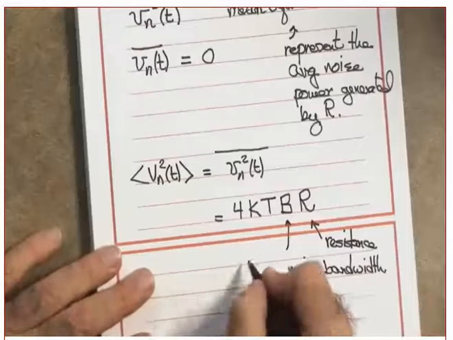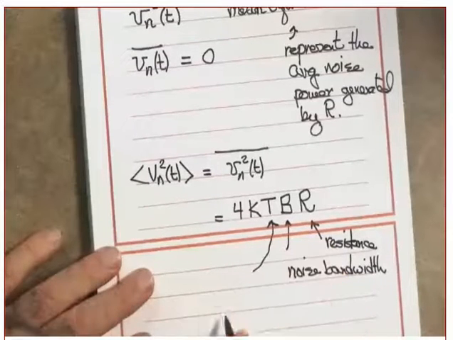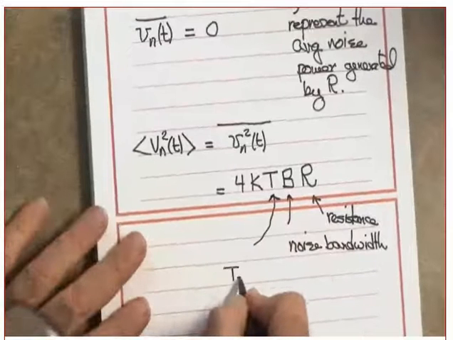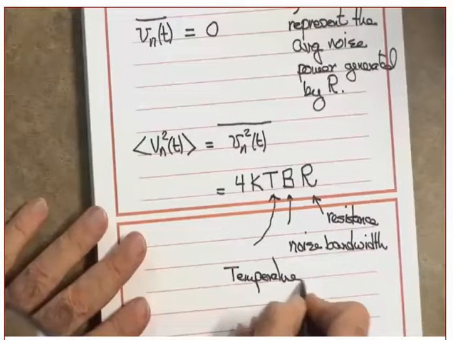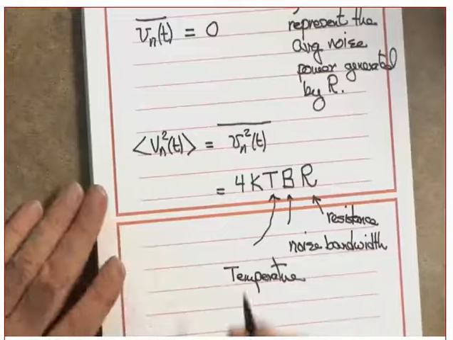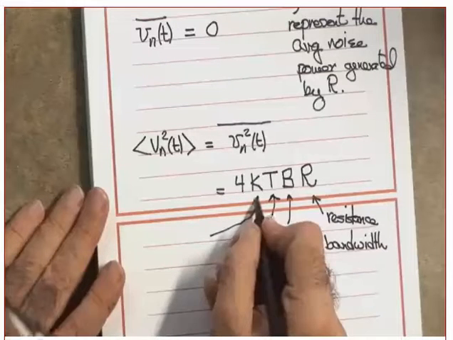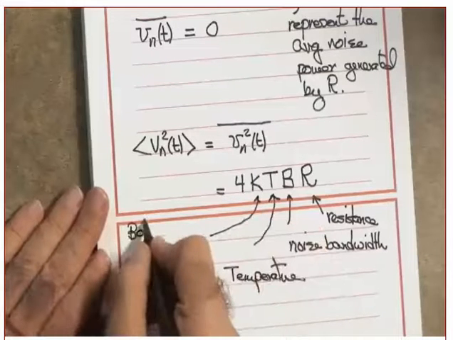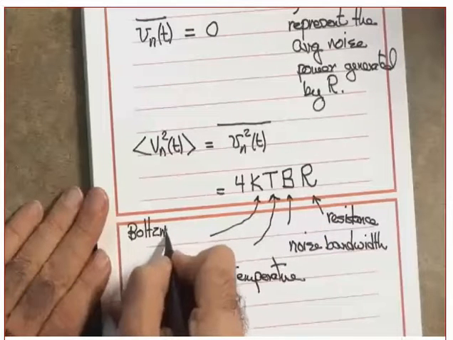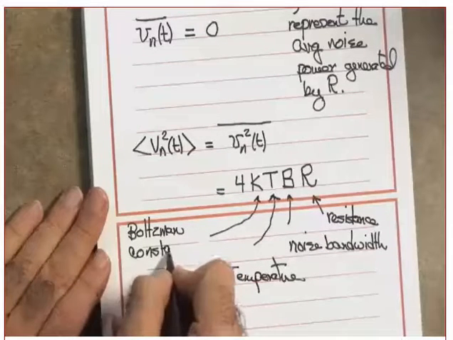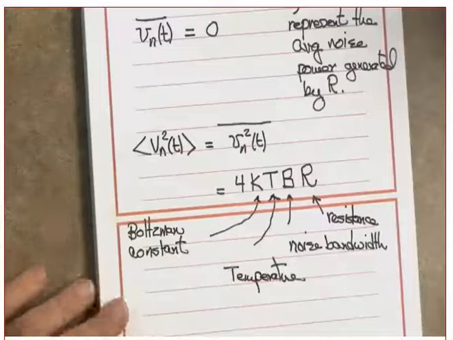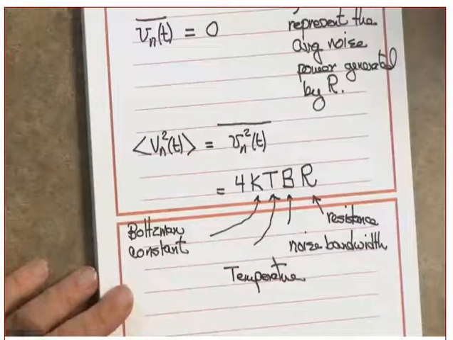T is the temperature. K is the Boltzmann constant. Clear so far?